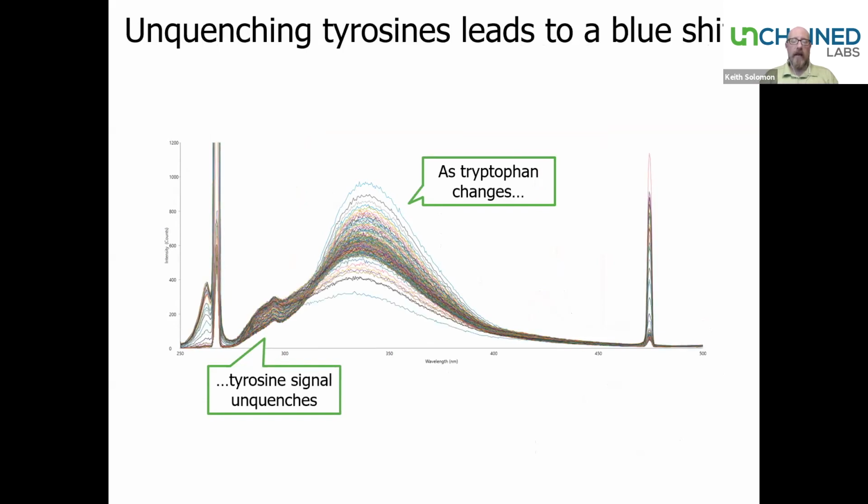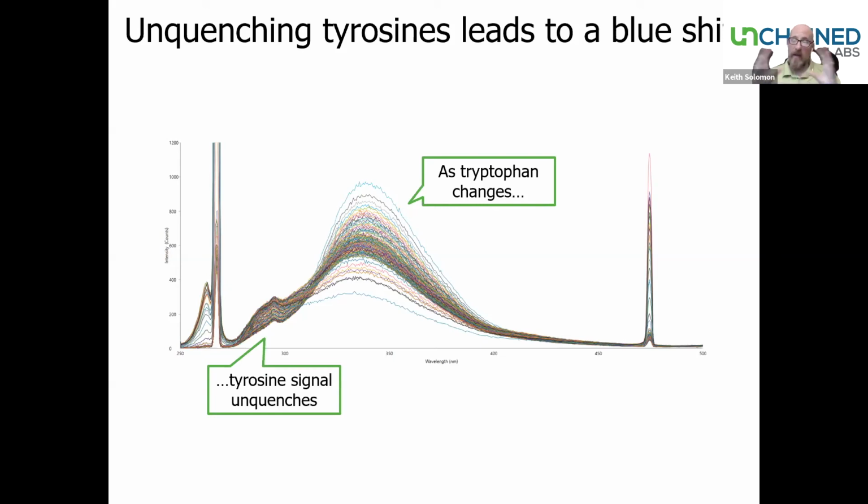But in this particular movie, we can see a wonderful example of unquenching of tyrosine residues. In this case, the signal from tryptophans is going down during a thermal melt from 15 to 90 degrees, while the signal from tyrosines is increasing dramatically. This would also result in a prominent blue shift. So you can have unquenching of tyrosines leading to a blue shift.